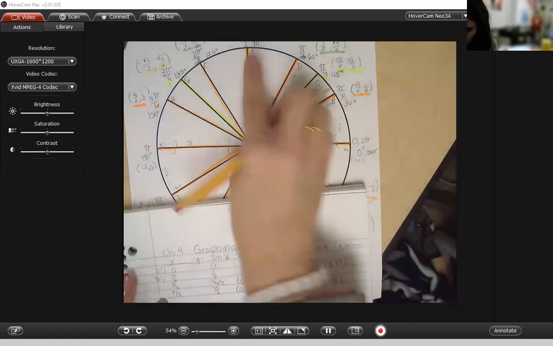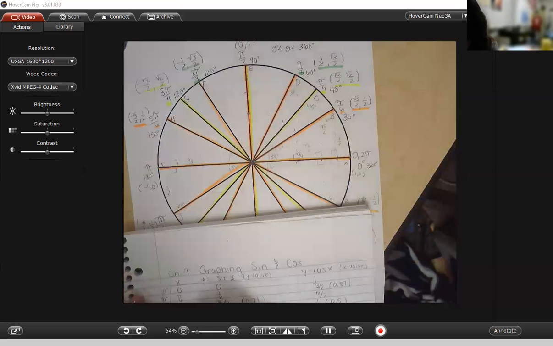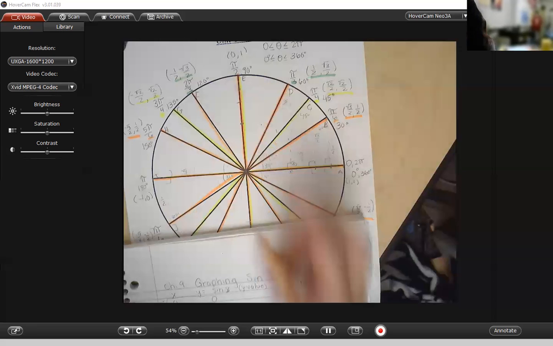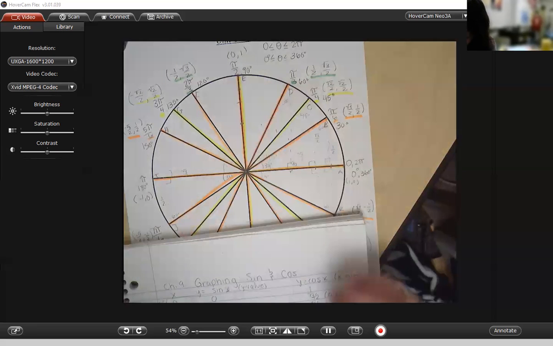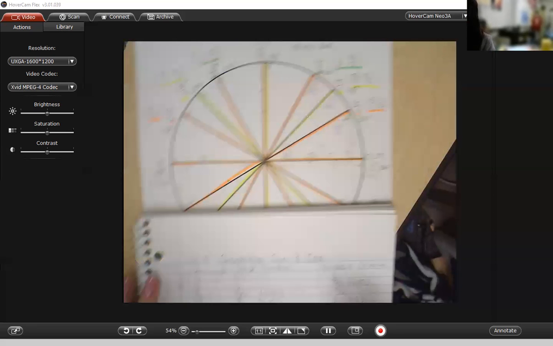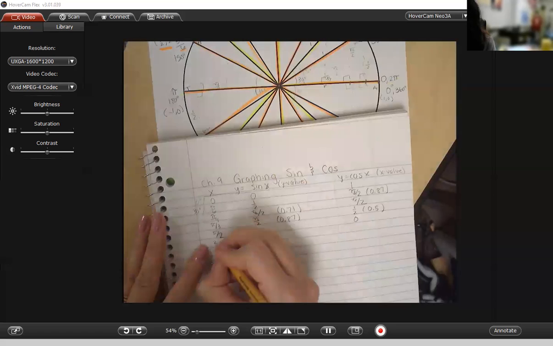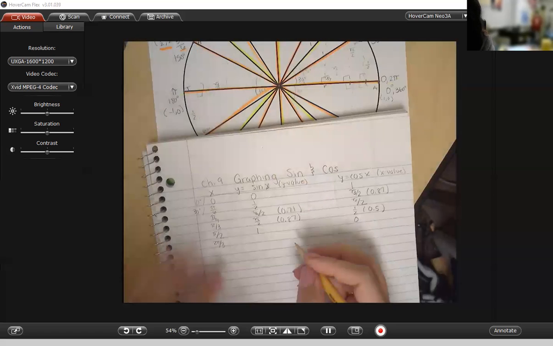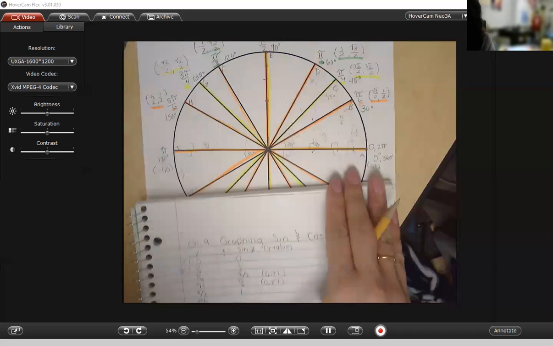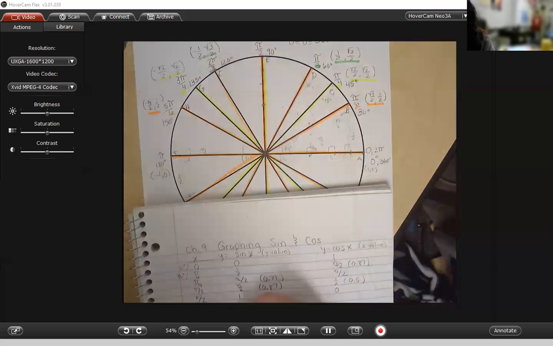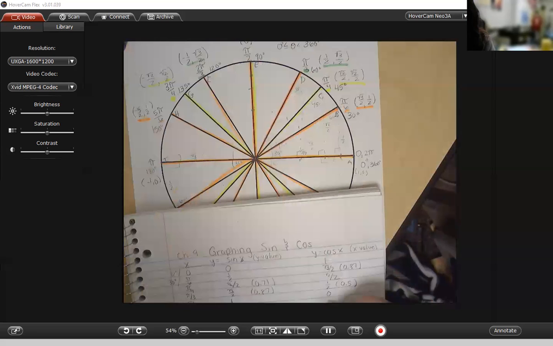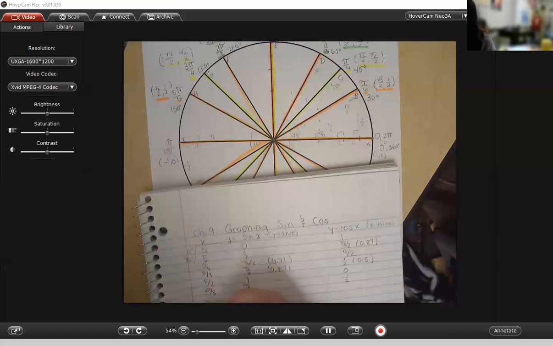Then I get up here to pi over 2. And my y value is 1, so my sine is 1. And my x value is 0, so my cosine is 0. Then I get to 2 pi over 3. My sine is rad 3 over 2. And my cosine is negative 1/2. 3 pi over 4.